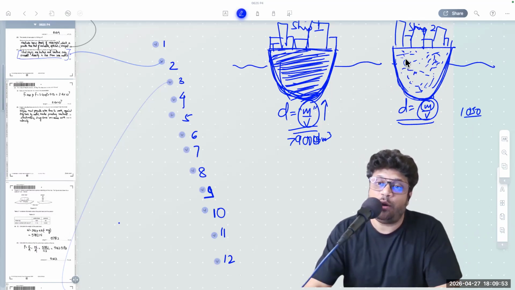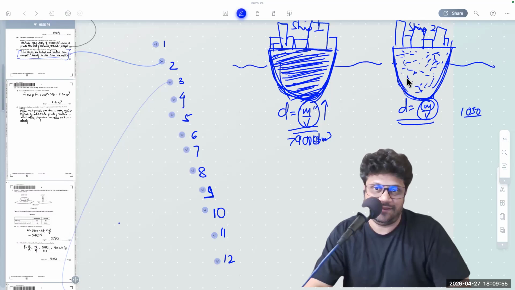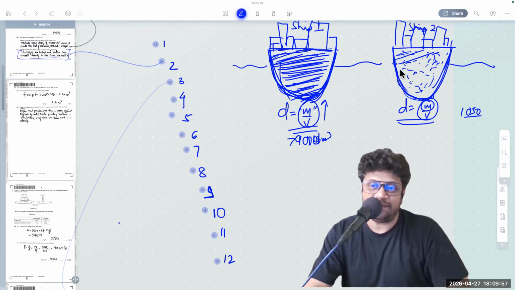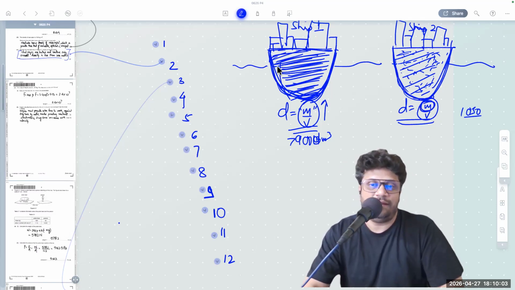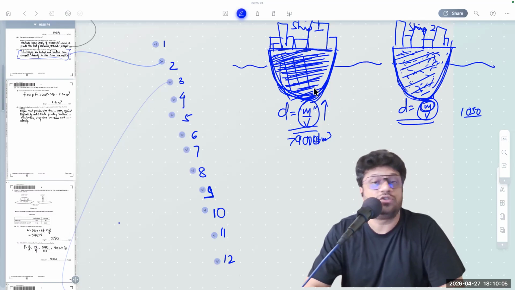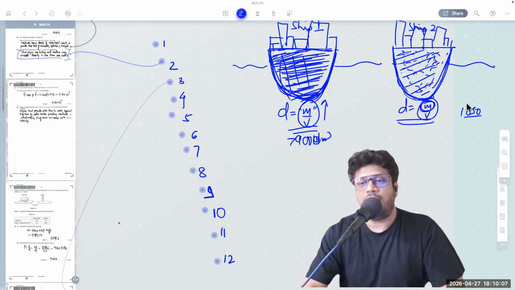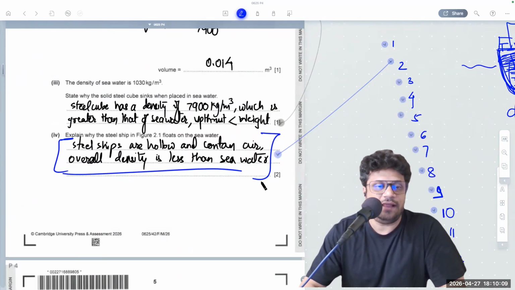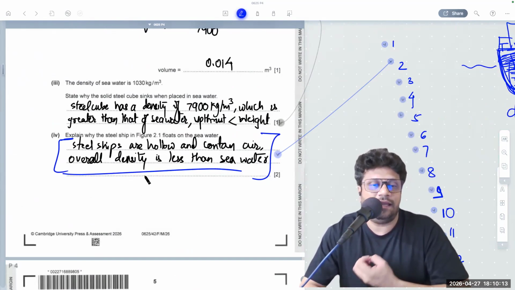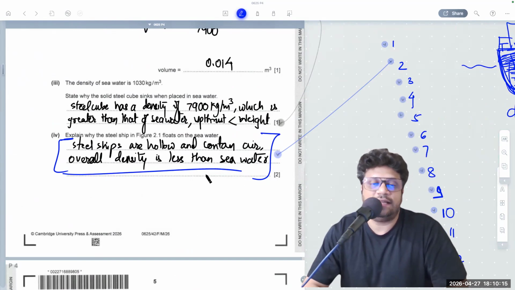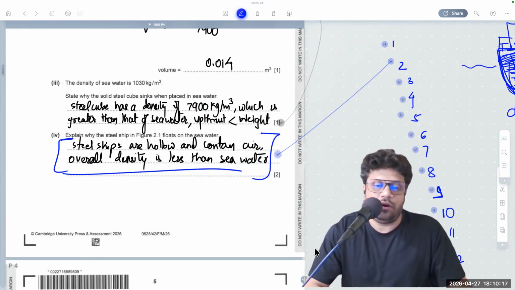It's because their overall density is less. The mass contained in this volume is far smaller than what it would have been if it was all solid. And that is what you need to tell them here. Steel ships are hollow and they contain air. Overall density is less than the seawater. That is your answer to this one.